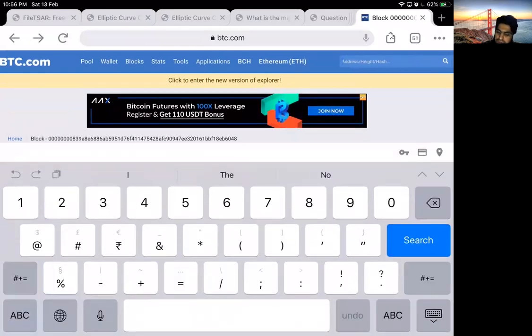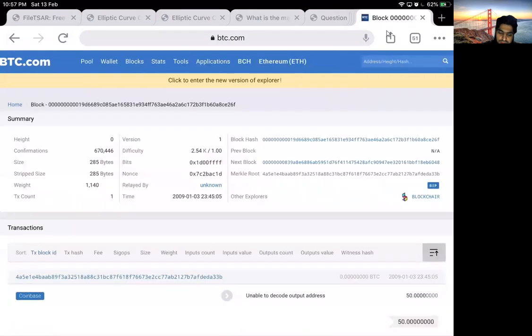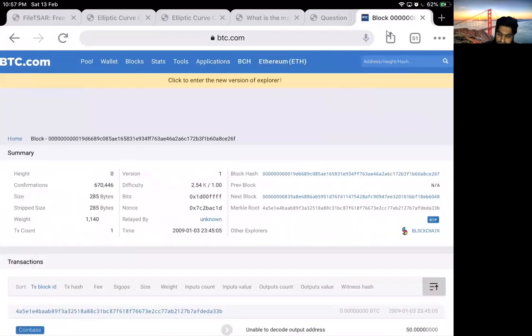We just try to find what was the 0th block. Was there anything about the 0 block?